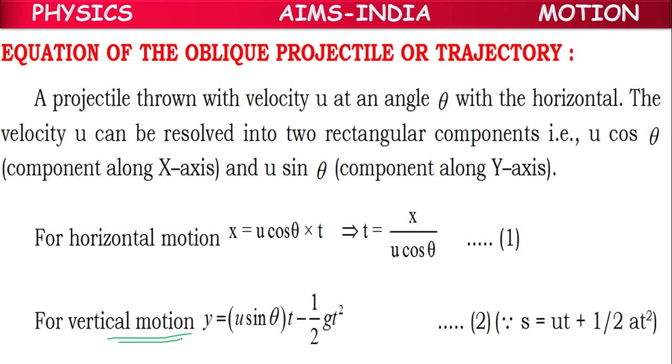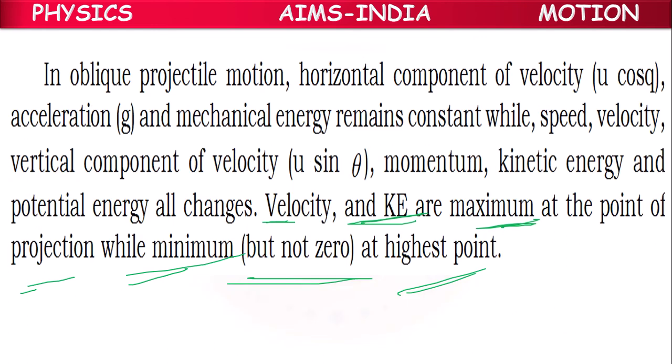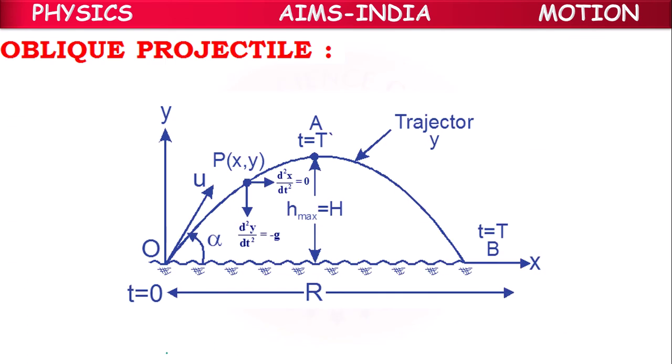Here, children, the vertical motion along the entire path is an example of a uniformly accelerated body under the influence of gravitational force, or acceleration due to gravity created in the body.